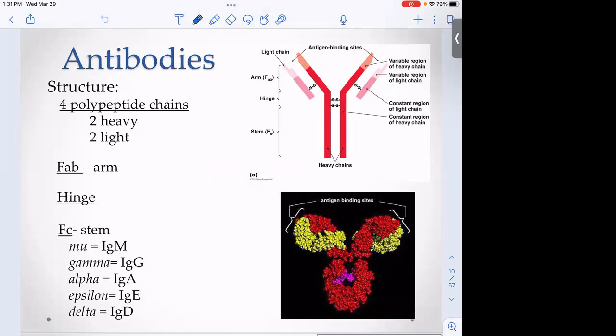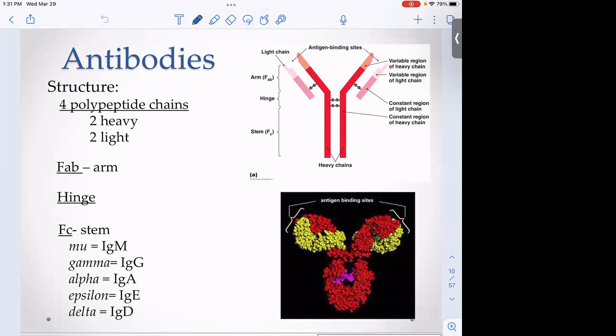Okay, questions from last time before we move on? We had just started talking about adaptive immunity. This is chapter 17 of OpenStax. We talked about some differences between innate immunity and adaptive immunity, and also spent some time on what antigens are. Antigens, that name came from us calling them antibody generators.